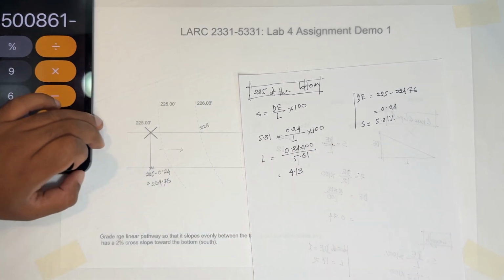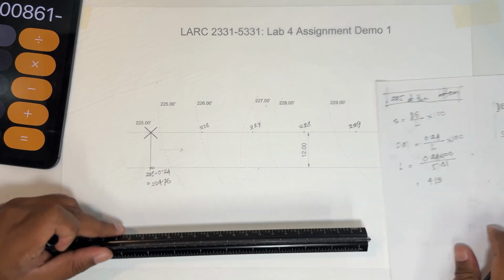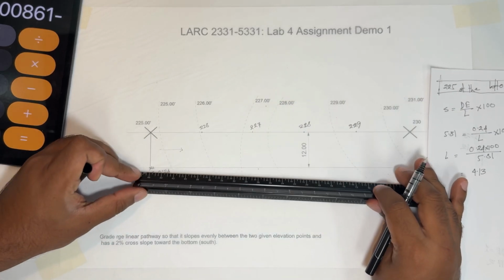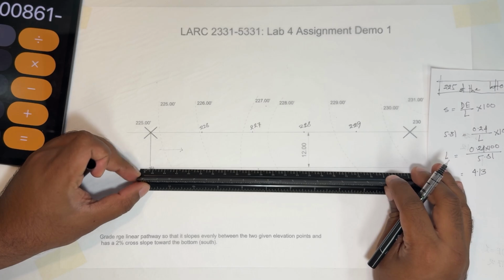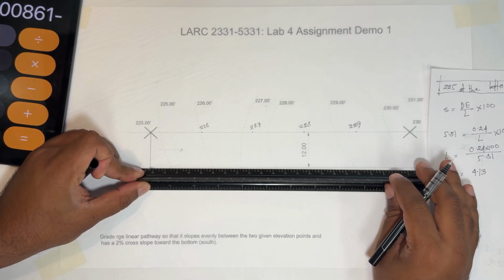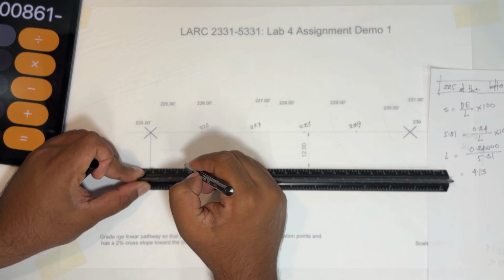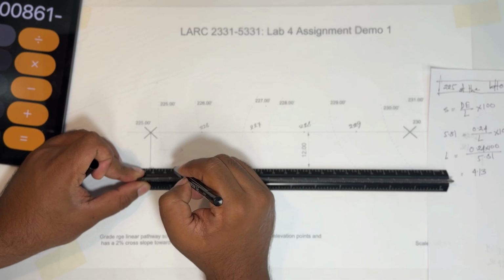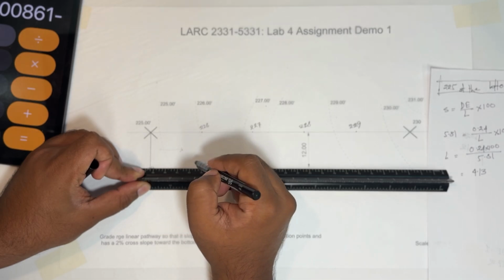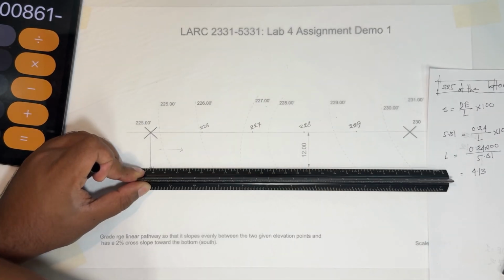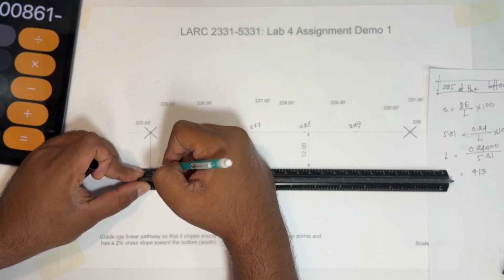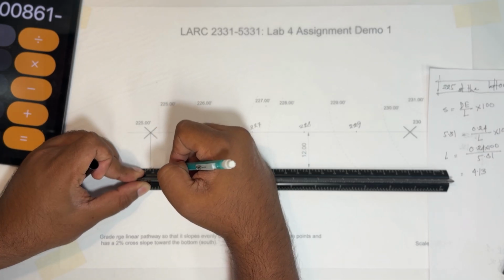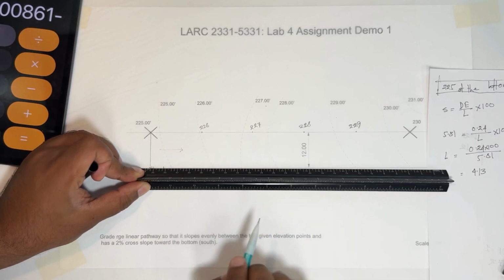So now we can safely say that the 225 elevation point for the bottom portion of the road is going to be 4.13 feet towards the right. Let's do that. 4.13. So 1, 2, 3, 4, and a little more. All right.